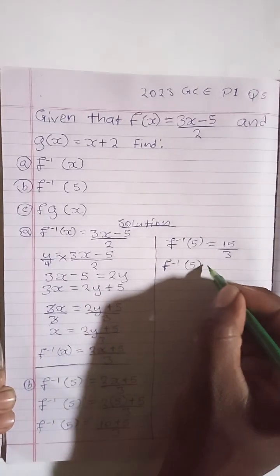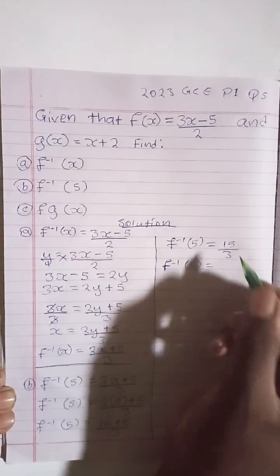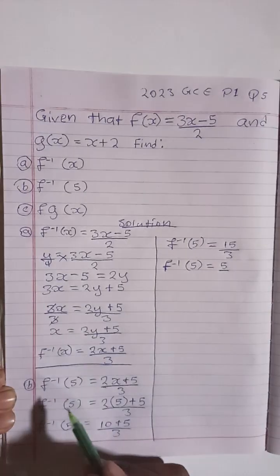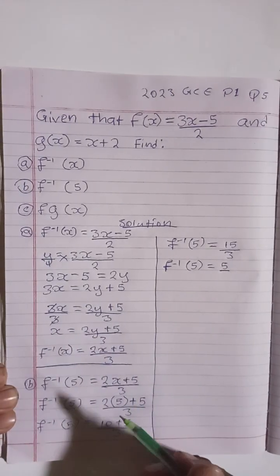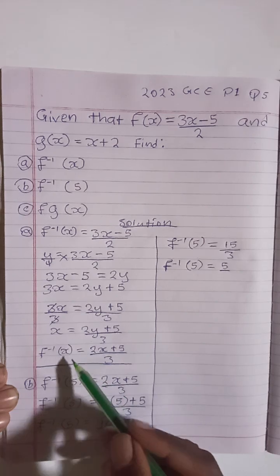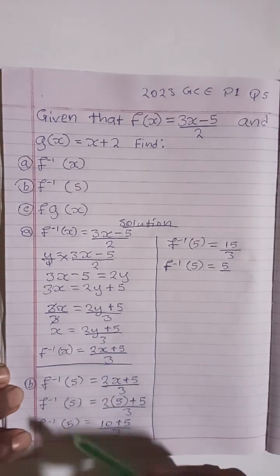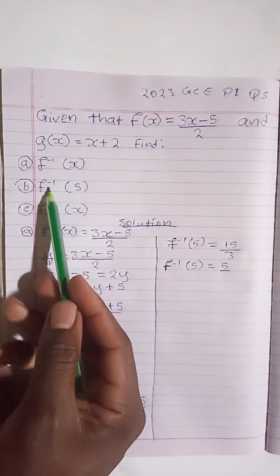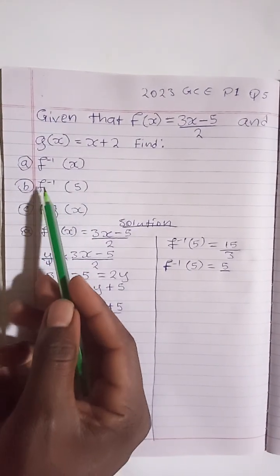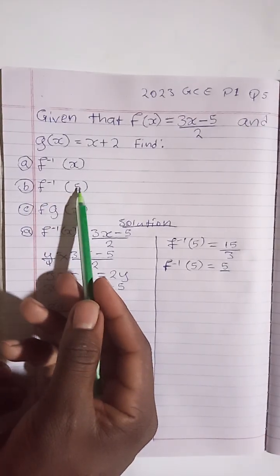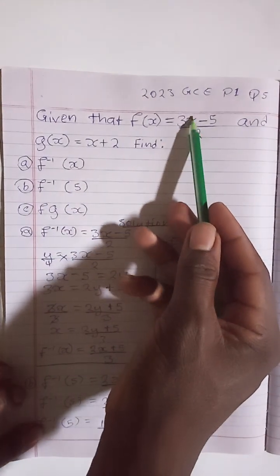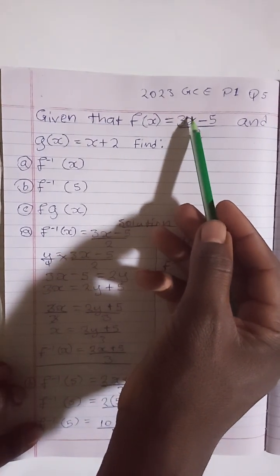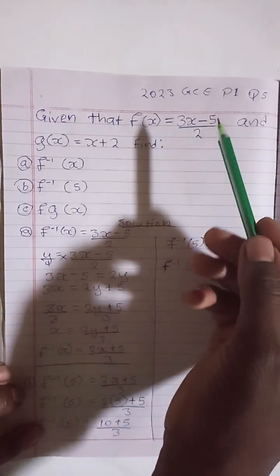The inverse function of 5 is equal to 3 into 15, it is 5. So this is the answer for question B. Yes, we just use the inverse function to find the answer for question B. But if there was no inverse here, if they have just said find the function of 5, we would just get the actual function here and remove x where there's 5 and put 5.